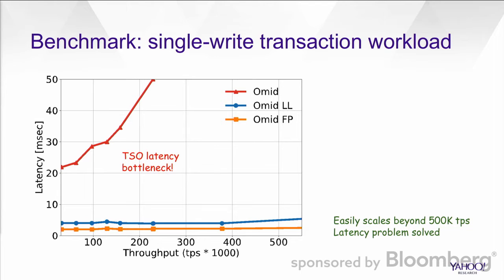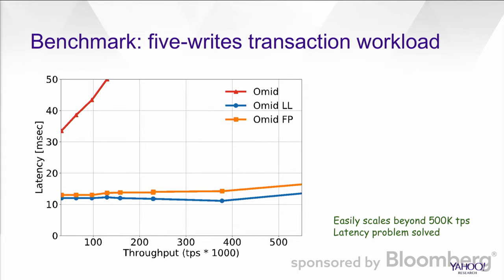We have a little bit of overhead because we need to do a few checks of the local clocks and everything in order to maintain snapshot isolation. But this is it. You can see the regular Omid, if we're not using the fast path, is still very close to the Omid FP, and the previous Omid latency is very high. It was designed for throughput orientation, but still in the new design we get very high throughput.